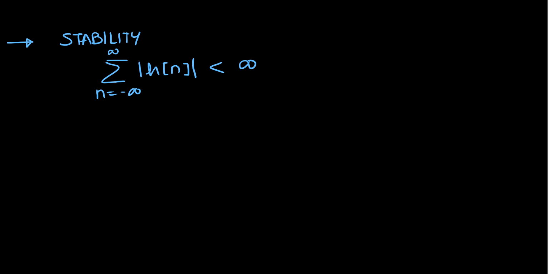So let us consider a simple example for impulse response. Let this impulse response be a causal one, that is, it has 0 values for all values of n less than 0, and it is decreasing in nature.